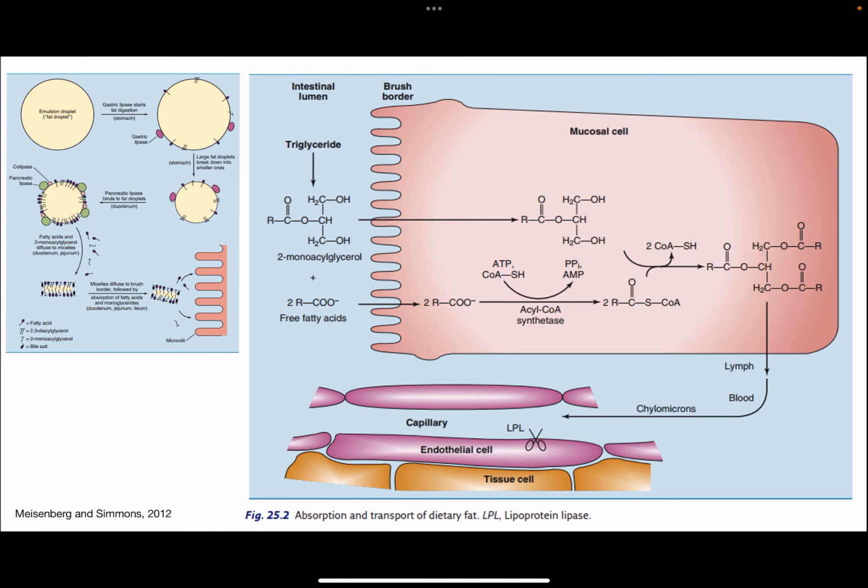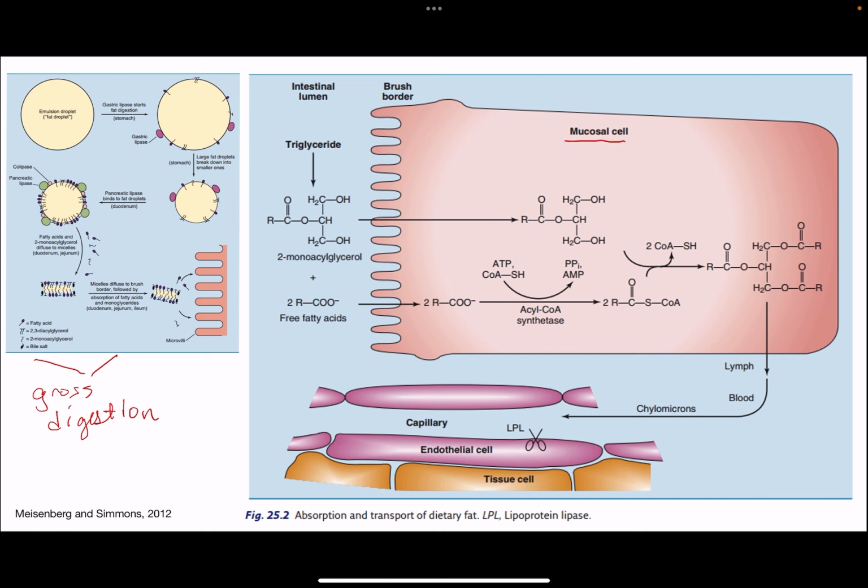So that's all of what I would call gross digestion. That is a large fat droplet getting broken down into a manageable micelle, which is then taken into the mucosal cell that we see here.